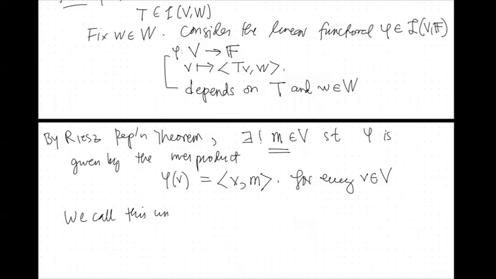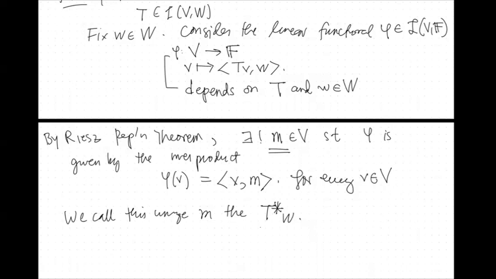In fact, we call this unique vector m the adjoint, the T star of w.